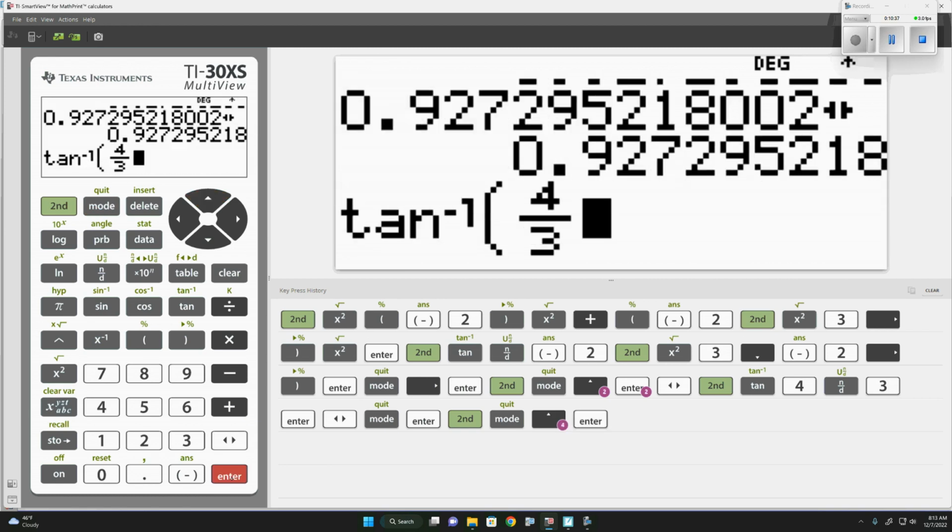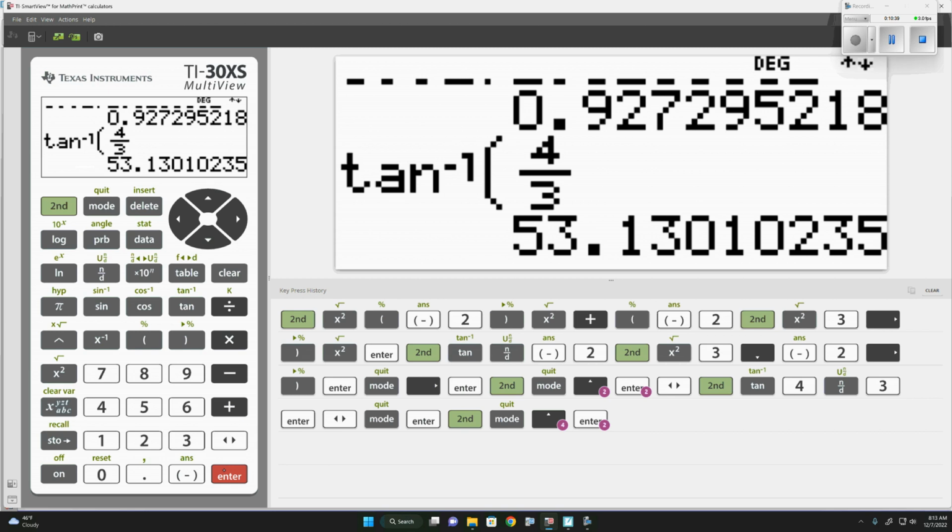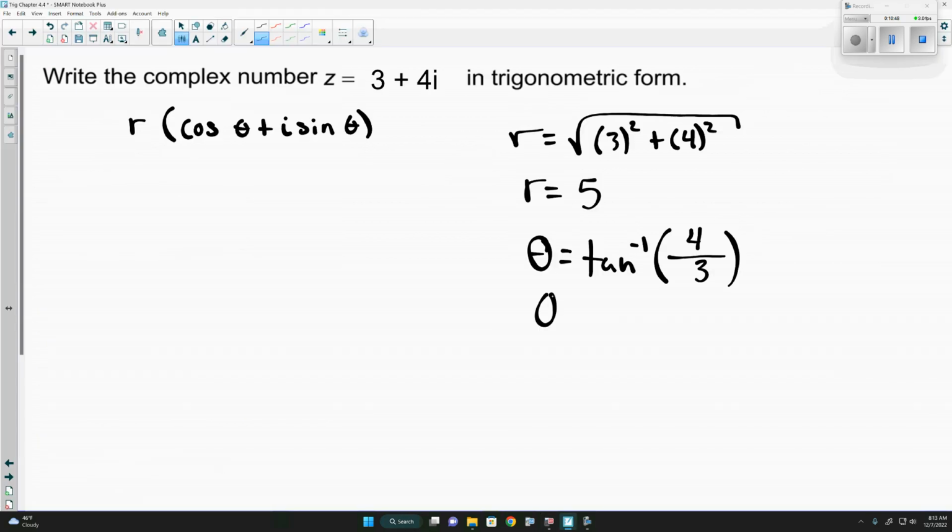Let's get the same thing. And we get about 53 degrees, or we can say 53.13. So it would be 5 times cosine of 53.13 plus i sine of 53.13.